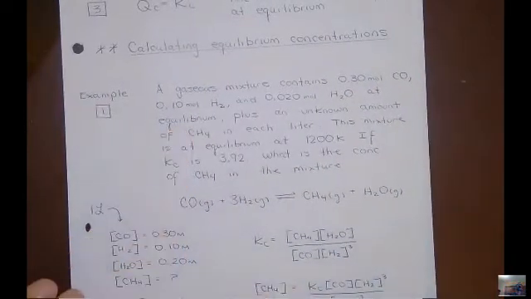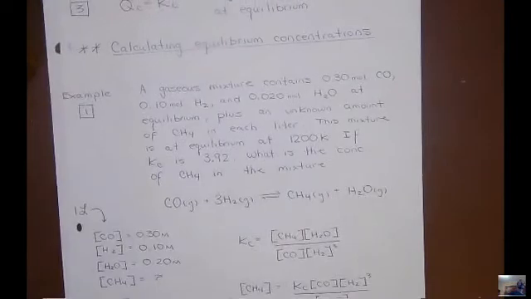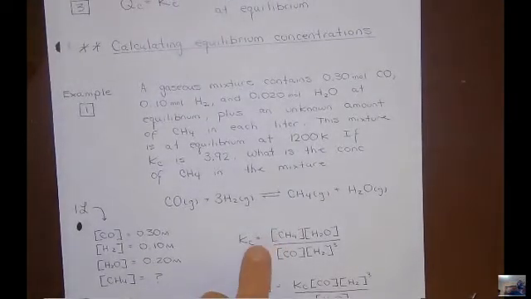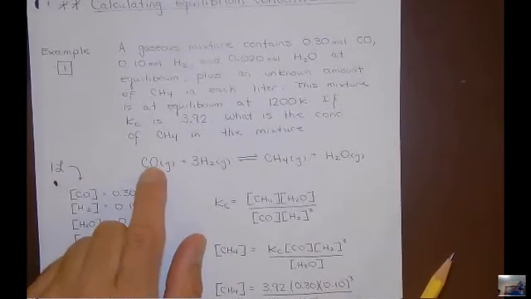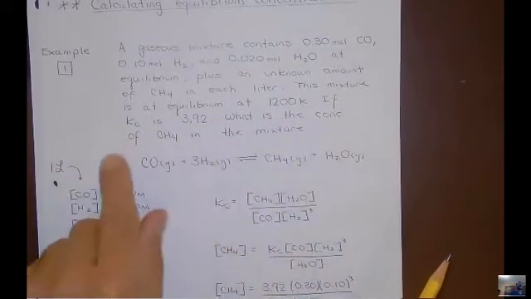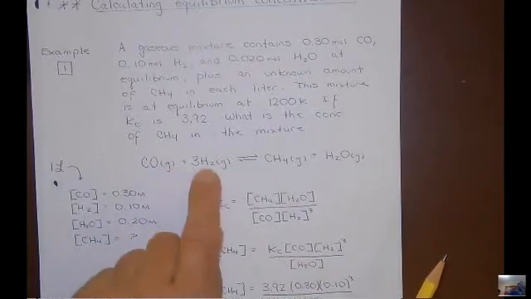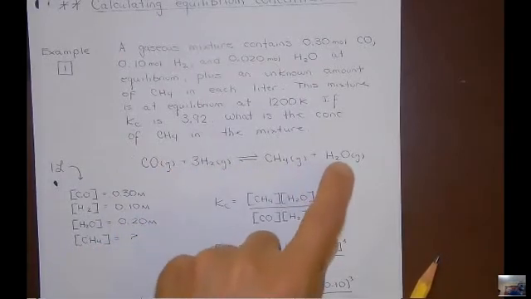Okay? All right, so first thing we should do is write down the equilibrium constant expression. I have to give you the balanced equation. Carbon monoxide gas reacts with 3 molecules of hydrogen to create methane and water.